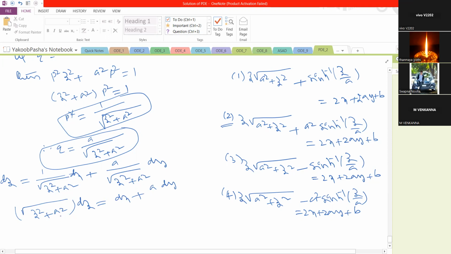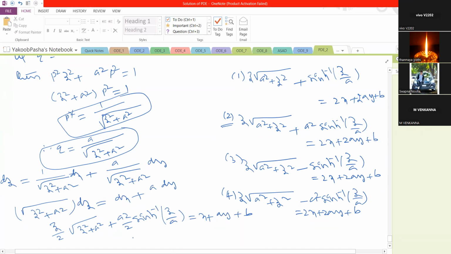Use that formula. Here a square is this, and x is z. So you can write it as z by 2 under root of z square plus a square plus a square by 2 sinh inverse z by a is equal to x plus ay plus an arbitrary constant.